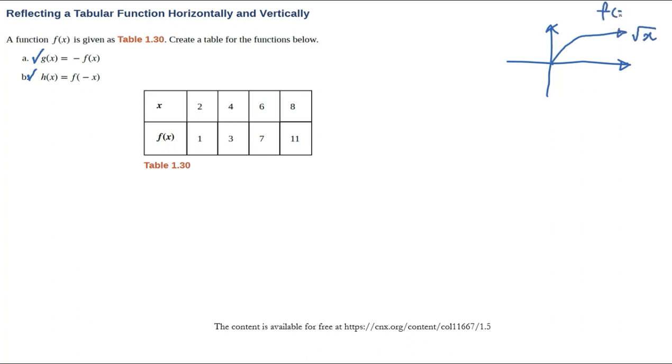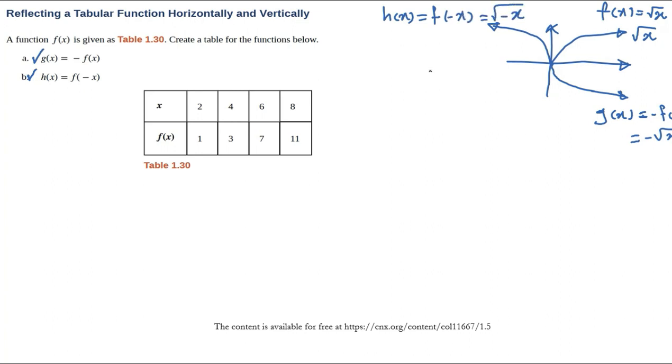Let's say f of x is equal to square root of x. This is g of x, equal to minus f of x, equal to minus square root of x, and this one is h of x, equal to f of minus x, equal to square root of minus x.